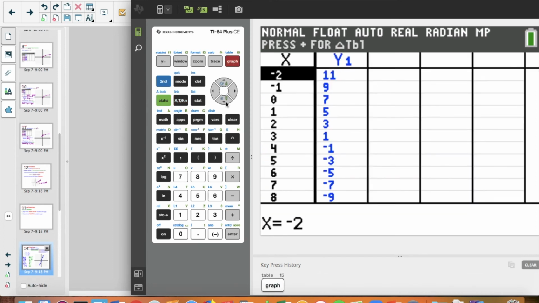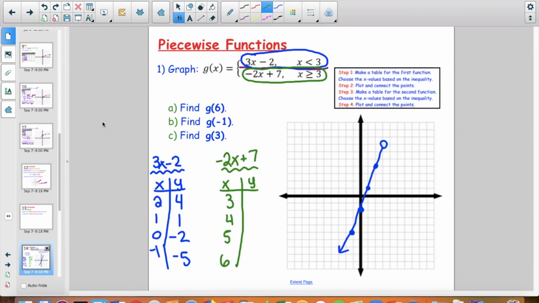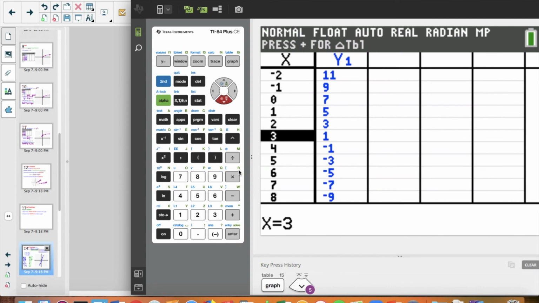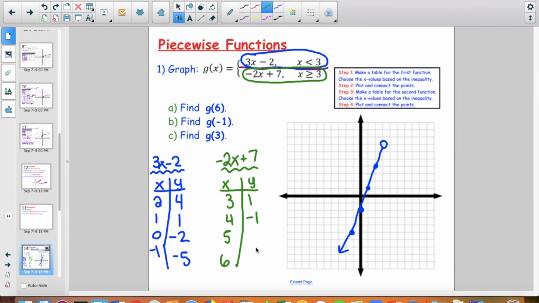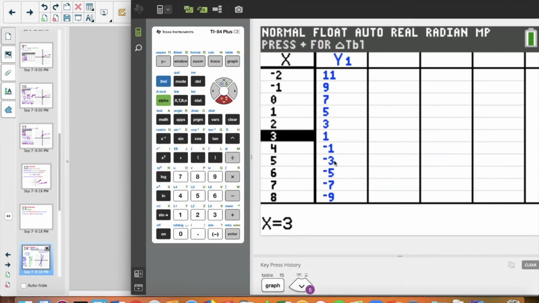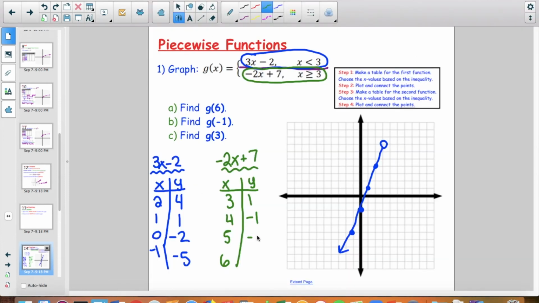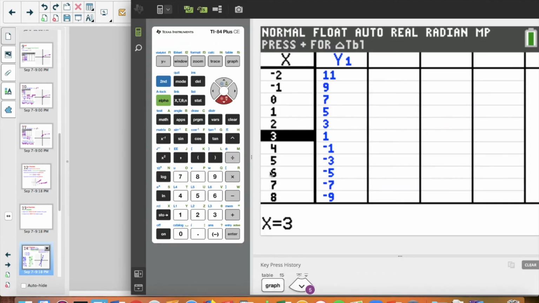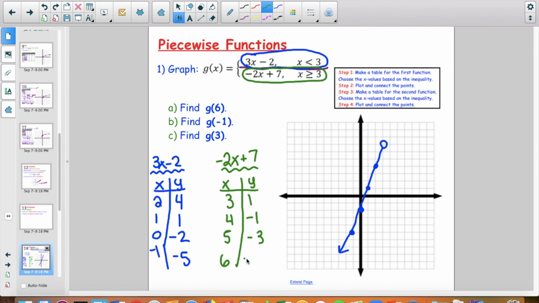Okay, now we're going to look at our table. So we want to start at 3, because that's the first possible value. And the y value here is 1. So we have 3 and 1. Then we have 4 and -1. We have 5 and -3. And we have 6 and -5.